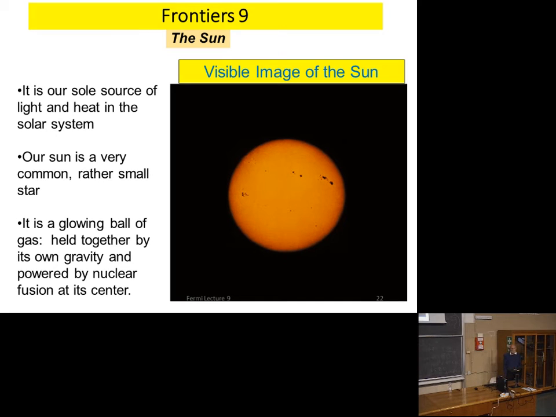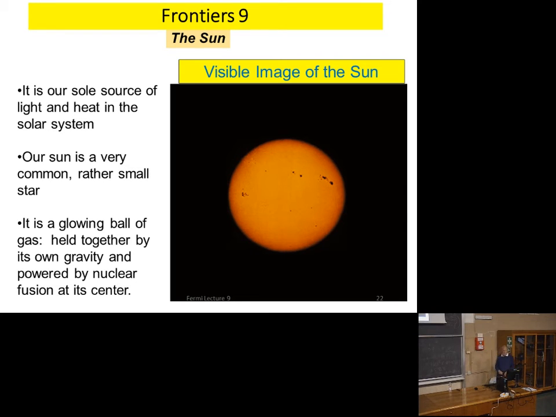What is it? It's a glowing ball of gas held together by gravity, because the gas is made out of nucleons and particles and elements that are held together by gravity pulling on it.